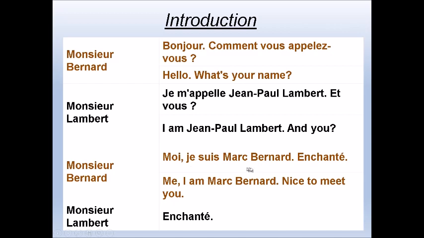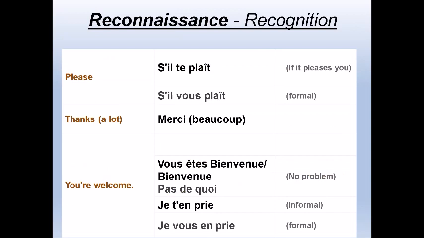I am Jean-Paul Lambert, and you? Monsieur Bernard responds, answers. Moi, je suis Marc Bernard. Enchanté. Me, I am Marc Bernard. Nice to meet you. Monsieur Lambert answers, enchanté. So this is a little conversation, just opening to meet someone, how you would say it. Very simple conversation. Let's continue.